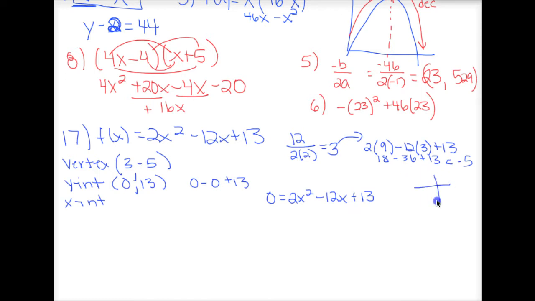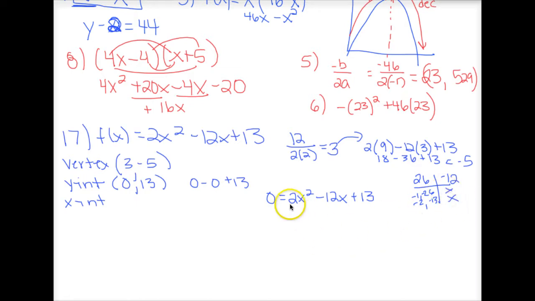If you try to factor it, you're looking for what multiplies to 26 and adds to negative 12, and you find that there isn't anything because your factors of 26 are 1 and 26, they'd be negative since this is a negative, 2 and 13, and that's it. And neither of those add to negative 12.